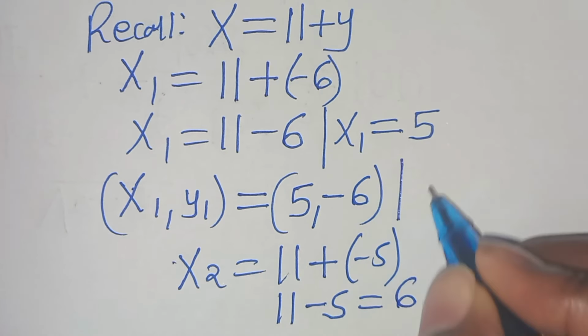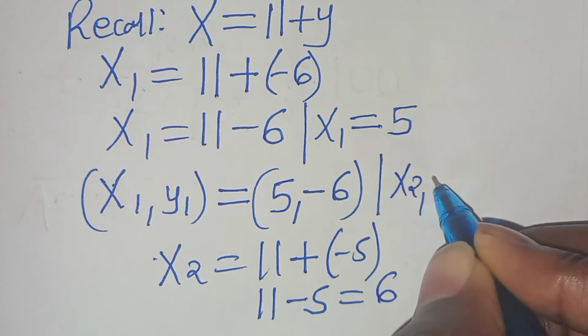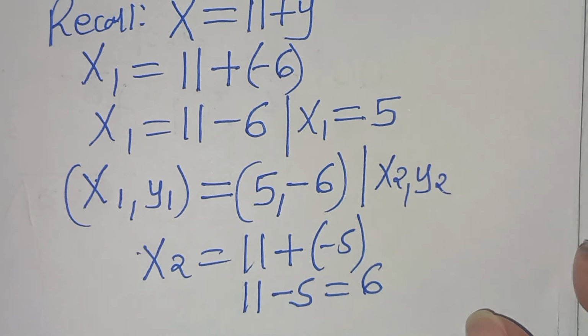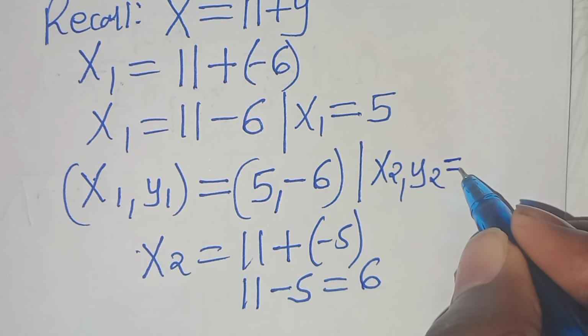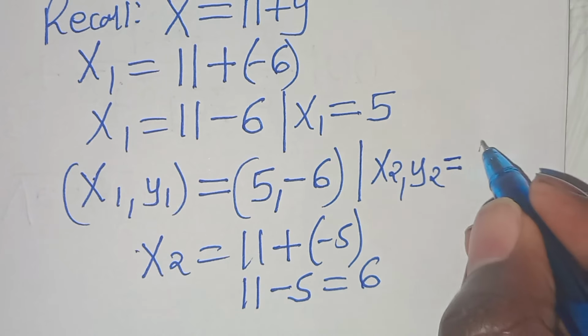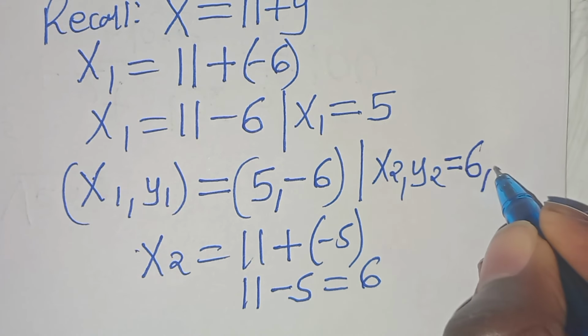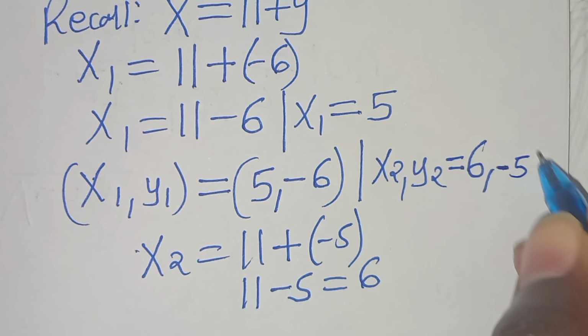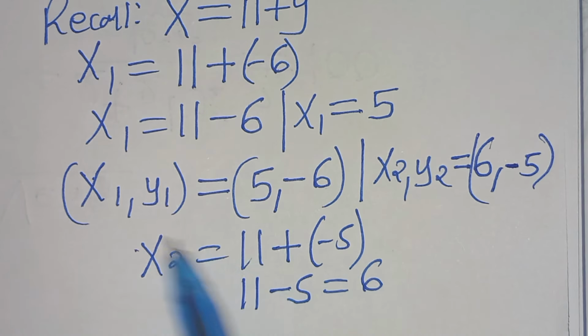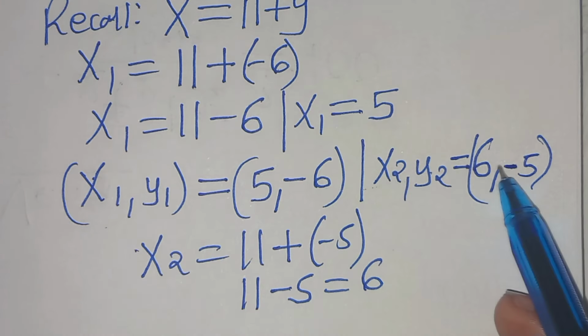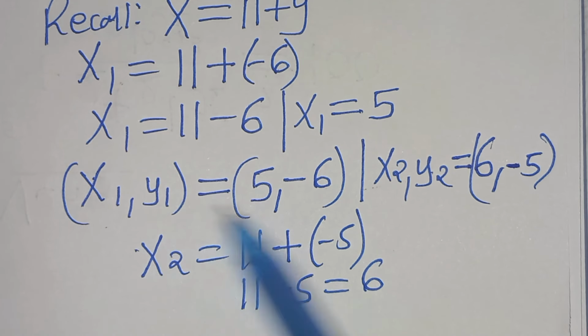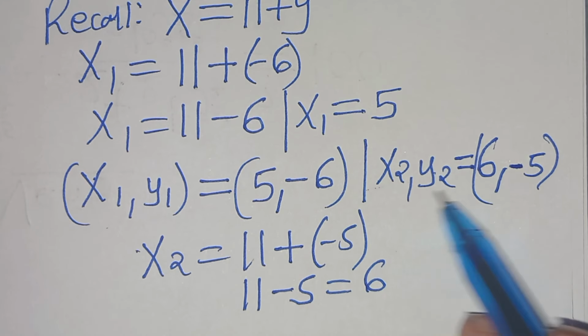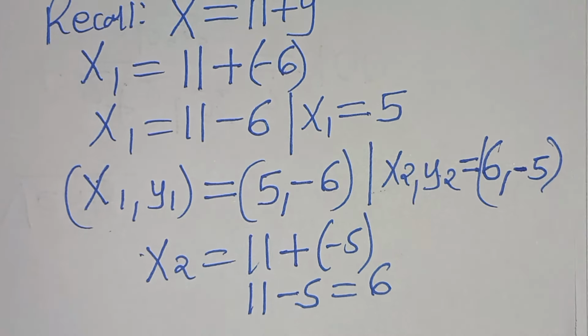Therefore x2, y2 is equal to 6, minus 5. You can see some symmetry here: x1, y1 is 5 and minus 6, and x2, y2 is 6 and minus 5.